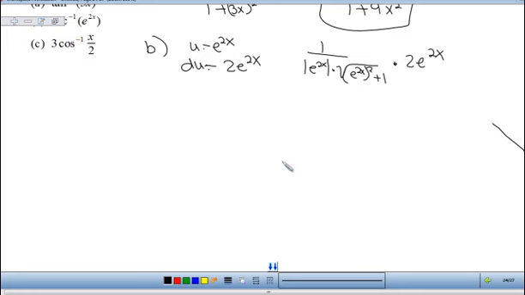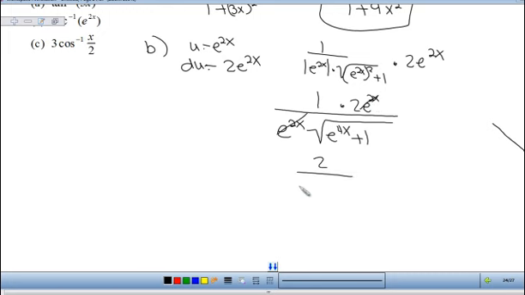I can simplify this a little bit. Since e to the 2x will never be negative, I can take away the absolute value. 2 e to the 2x. These will cancel. My derivative is 2 over the square root of e to the 4x minus 1.